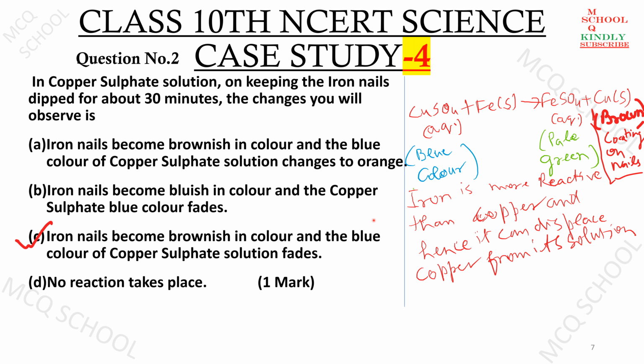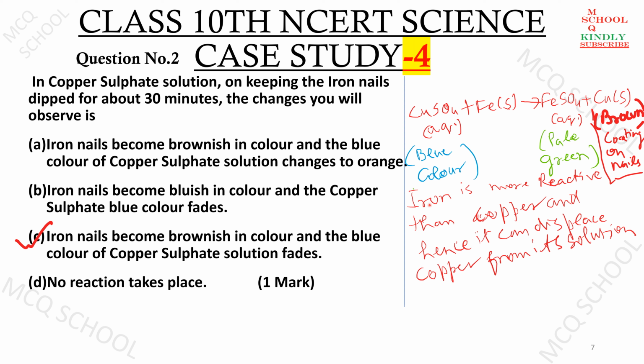To understand this, we must know the reaction of aqueous copper sulfate with the iron nails. It forms iron sulfate and copper, which is brownish in color. So a brownish coating forms on the nails.